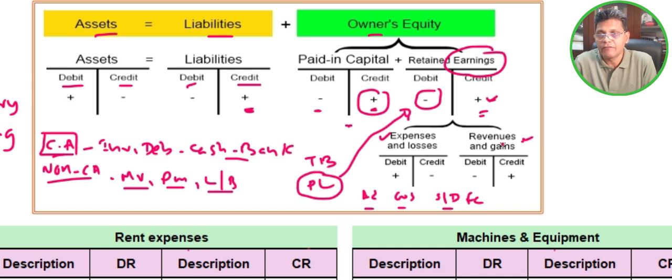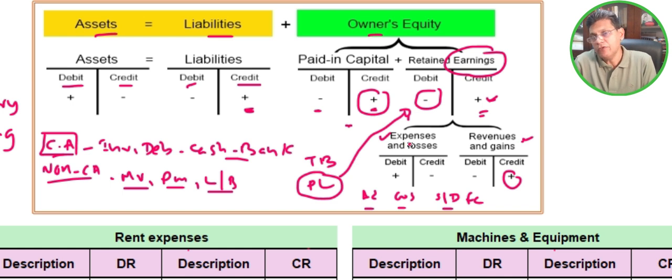When you take the revenue, any increase in revenue should be credited, because it will increase the profits, and in turn it will increase the capital or the equity of the owners. Any decrease in revenue should be debited, because that will reduce the profit, and that will in turn reduce the obligation towards the owner. For example, if you make a sale, it should be credited. If there is a sales return, it has to be debited.